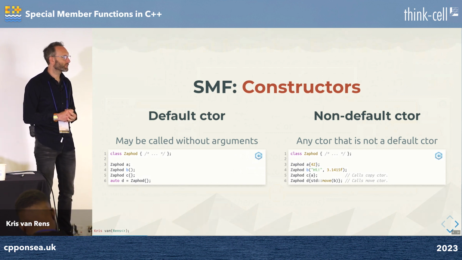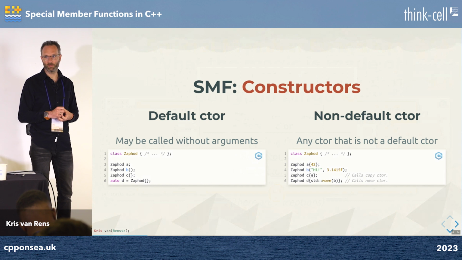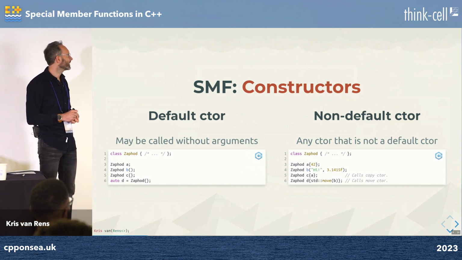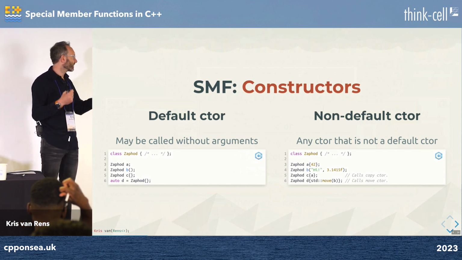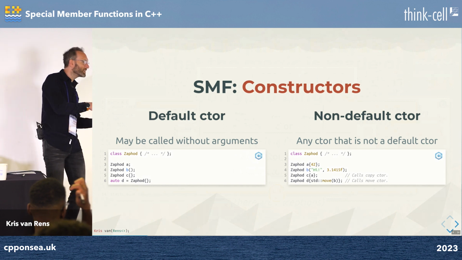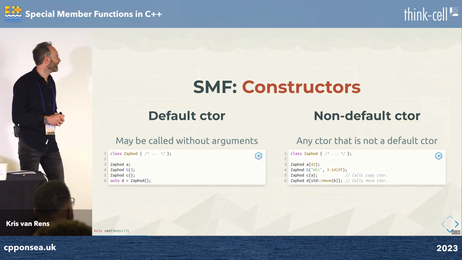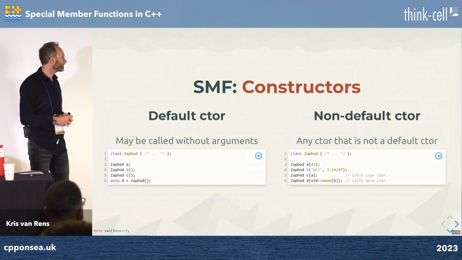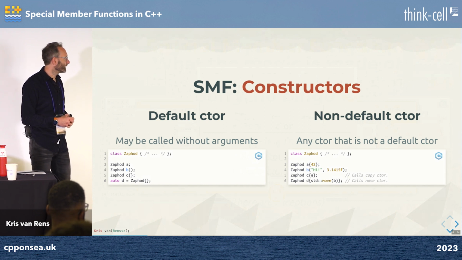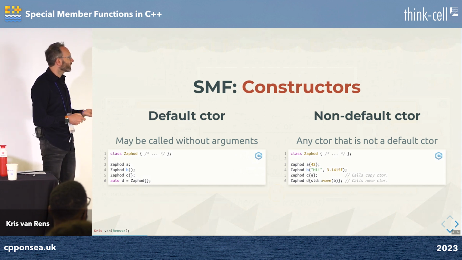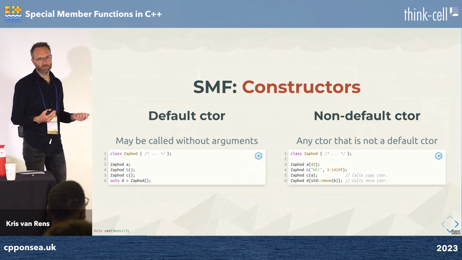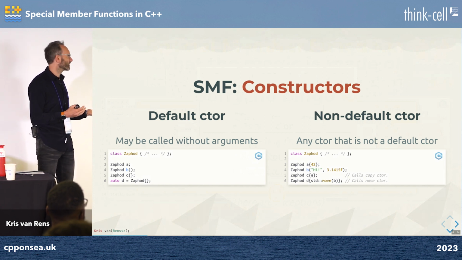It makes a lot of sense to have a type with a default constructor because it makes the type really easy to work with, especially if you are writing libraries. And any non-default constructor is, of course, any constructor that is not the default constructor, which is a funny definition, but still, it makes sense.